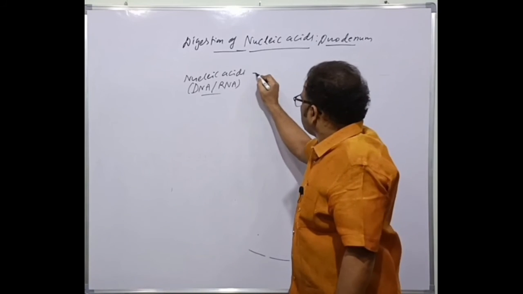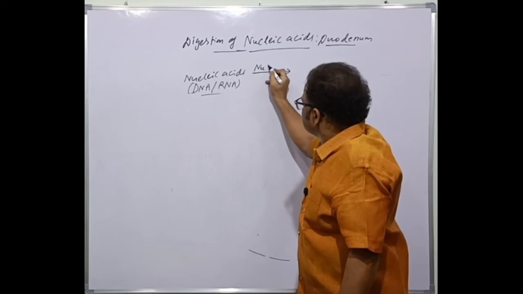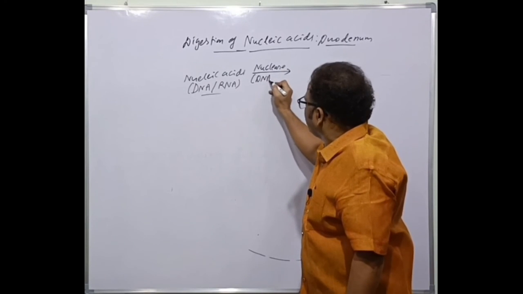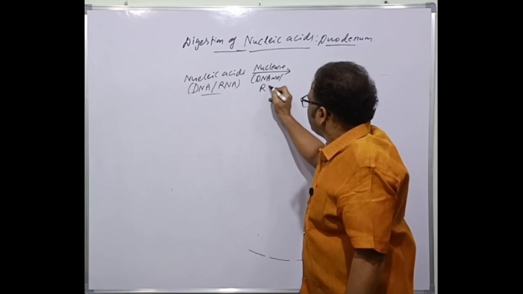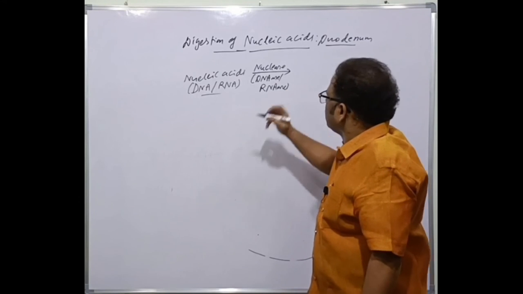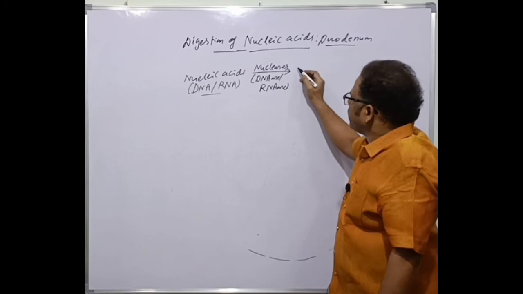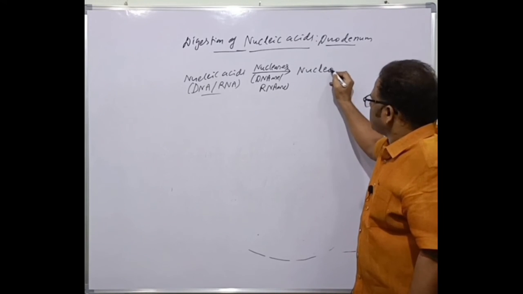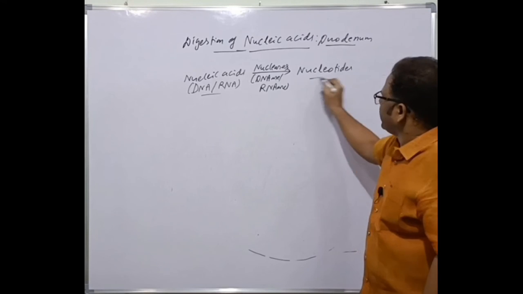These are acted upon by the nucleases. The nucleases are of two different types, DNase and RNase, as the case may be. They convert the nucleic acids into simpler molecules called nucleotides.